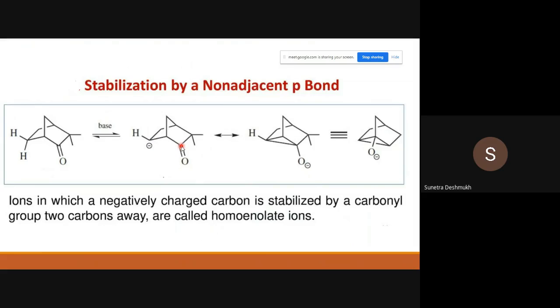It is non-adjacent, and still it helps to stabilize the negative charge.